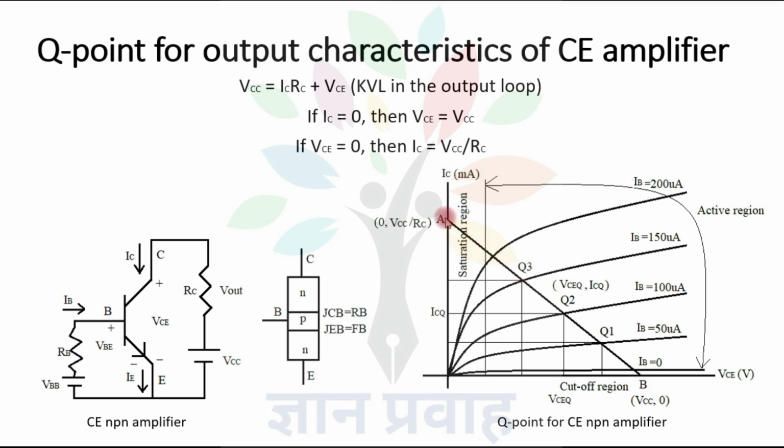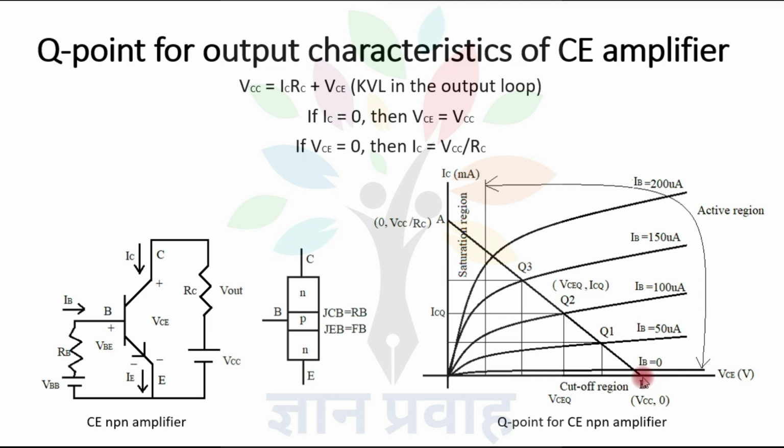So at this point, or point A, VCE voltage is 0. So we are simply putting VCE equal to 0 in this expression. Then IC equal to VCC upon RC. So the coordinate at point A is 0, VCC upon RC.